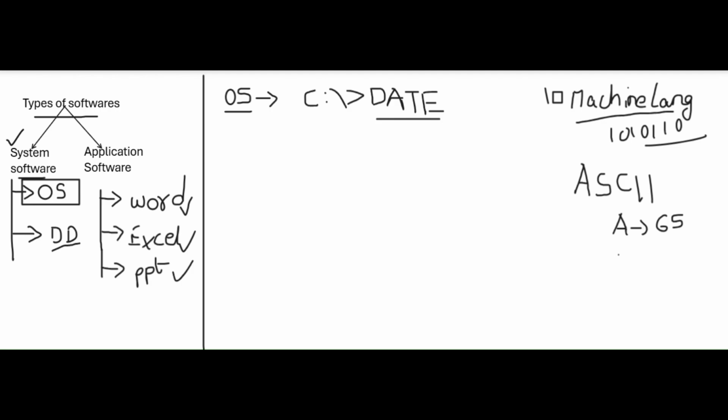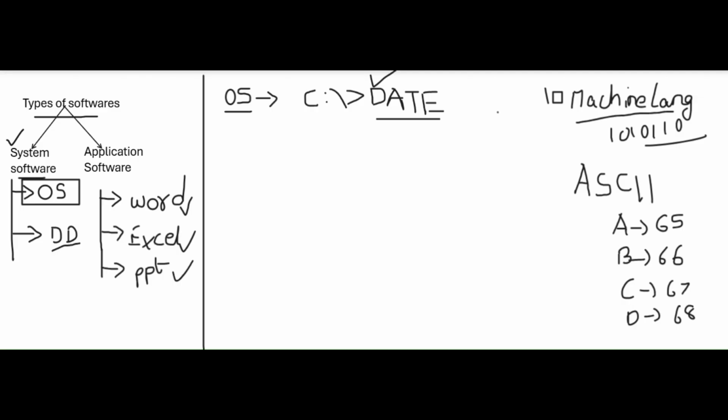It's an interesting concept. The ASCII value of B is 65 plus 1, 66. The ASCII value of C is 67, and the ASCII value of D is 68.